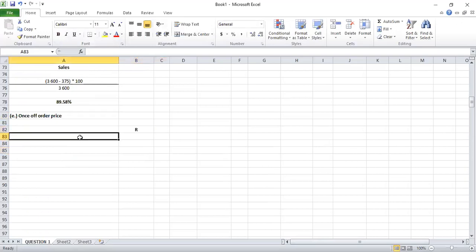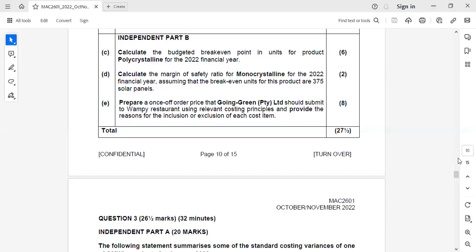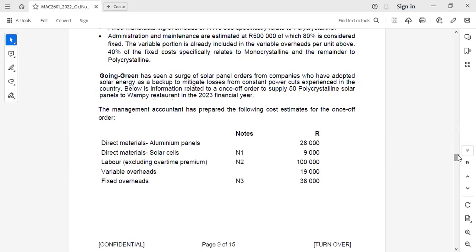Right. Let's go and check that order. Going Green has seen a surge of solar panel orders from companies who have adopted solar energy as a backup to mitigate losses from constant power cuts experienced in the country. Below is information related to a once-off order to supply 50 polycrystalline solar panels to 1P restaurant in the 2023 financial year.